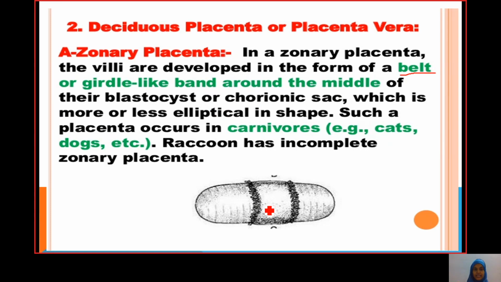In this chorionic sac, they form a band-like structure. This is called zonary placenta. Such placenta occurs in cats and dogs. Raccoon has an incomplete zonary placenta, meaning somewhere it has zones, but a complete zone is not present in the raccoon.